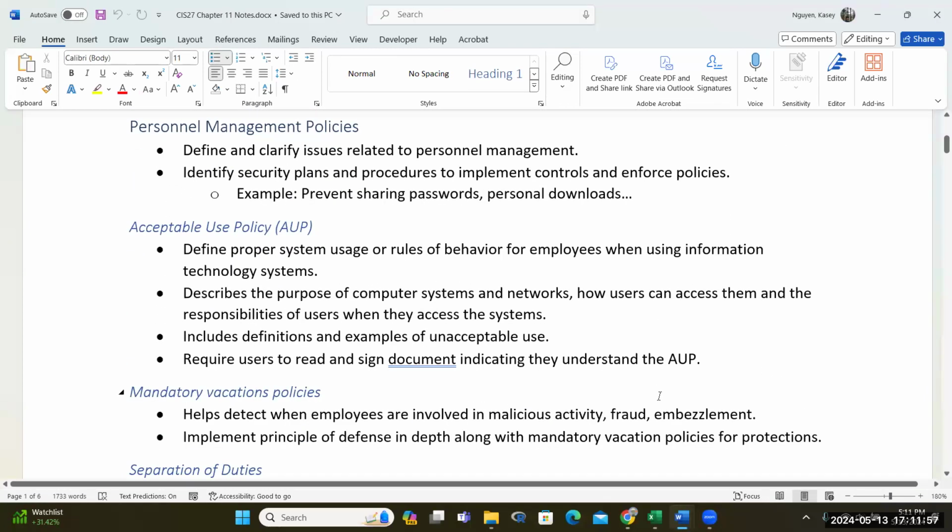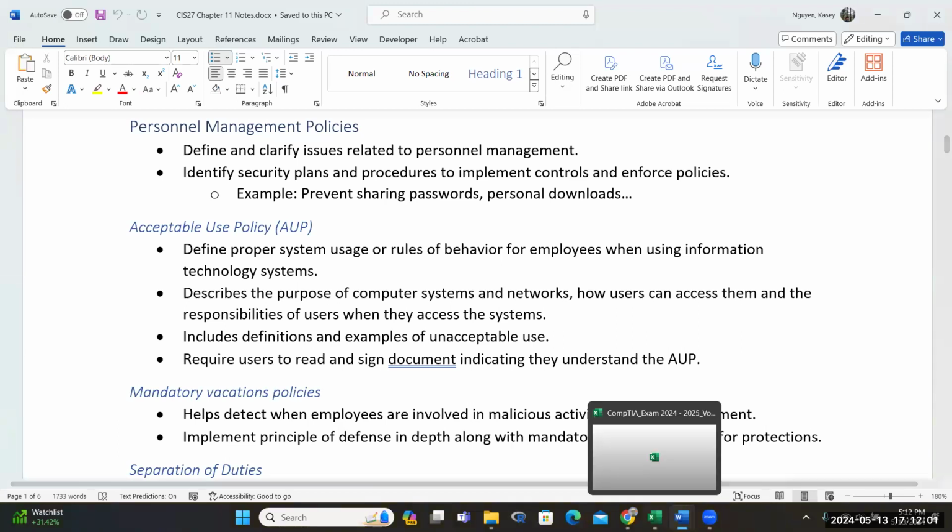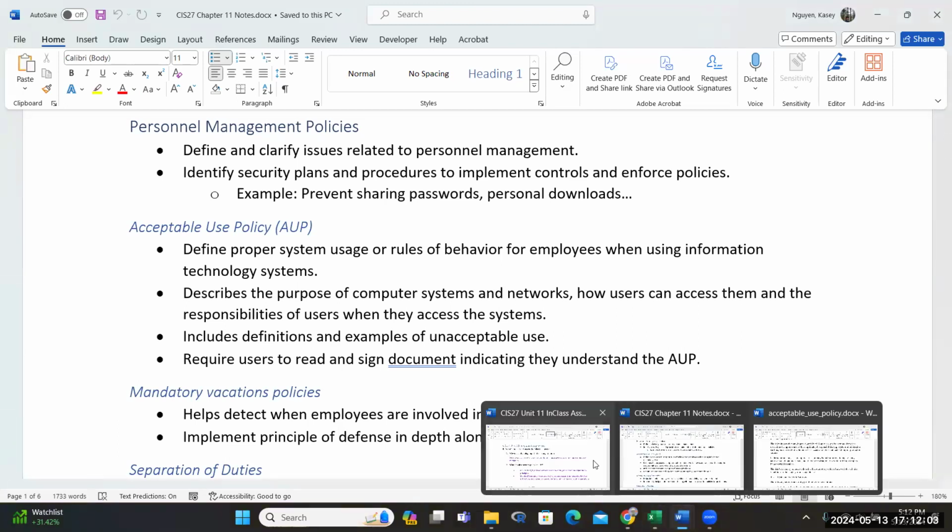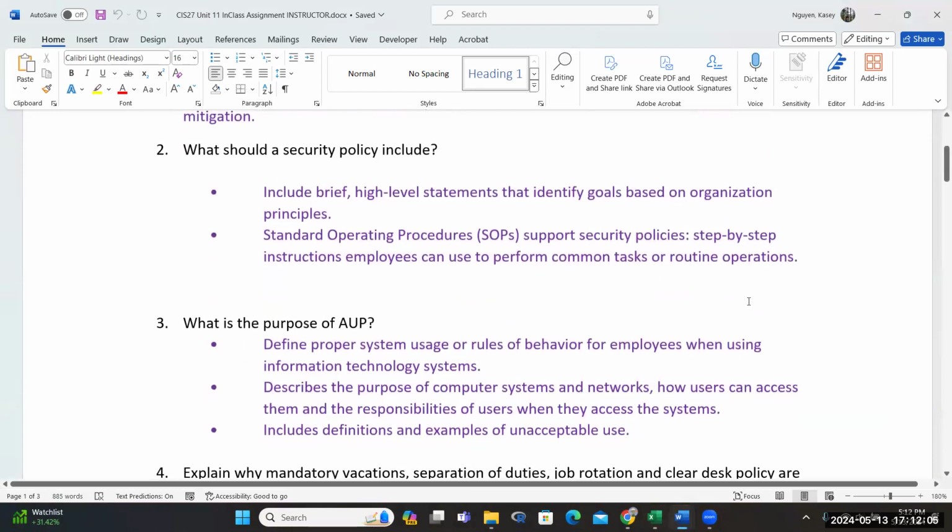Here's your acceptable use policy. Okay. These are the rules that are stated on how you can properly use the system. So for the purpose of AUP, acceptable use policy, it really defines proper system usage or rules of behavior for employees when using information technology systems.